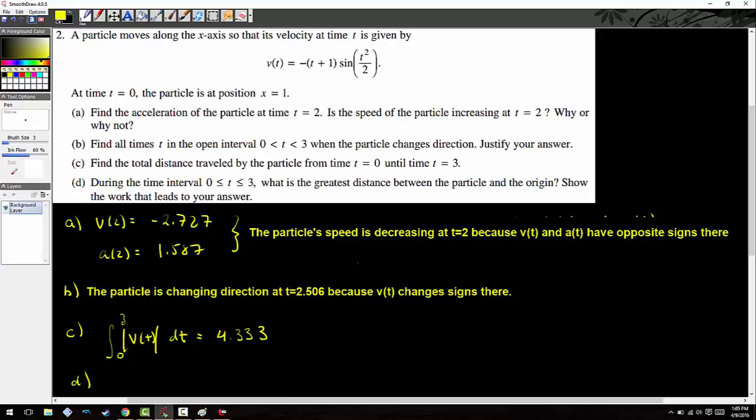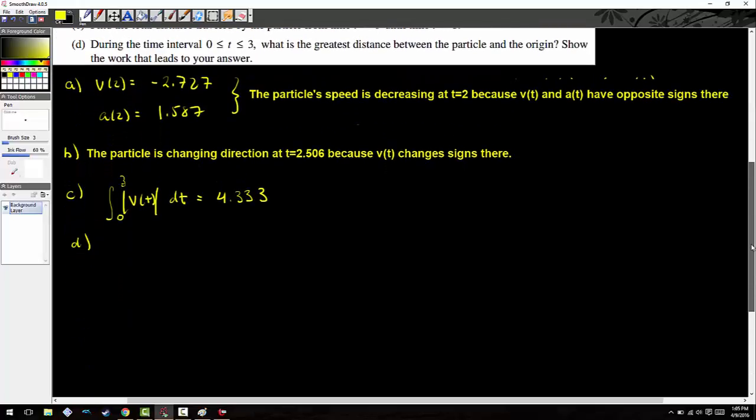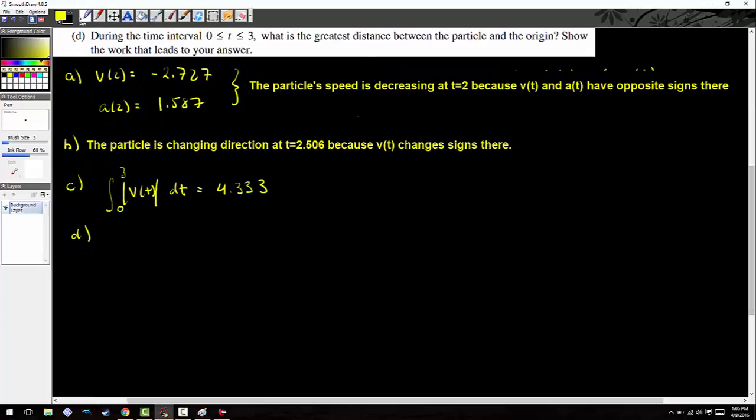Okay. It says, during the time interval from 0 to 3, what is the greatest distance between the particle and the origin? Show the work that leads to the answer. Okay, so this actually involves a little bit of work here. I'm going to go and scroll down. So, greatest distance between the particle and the origin. A couple ways to do this. The way I elected to do it was, you could see its position whenever the particle is stopped.